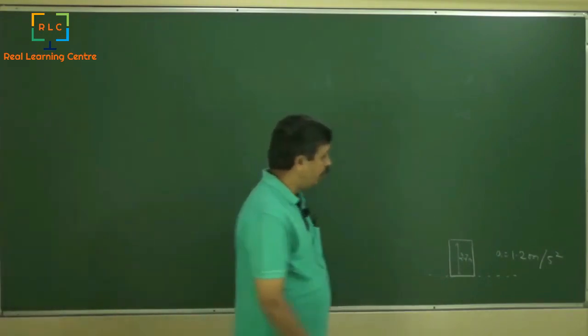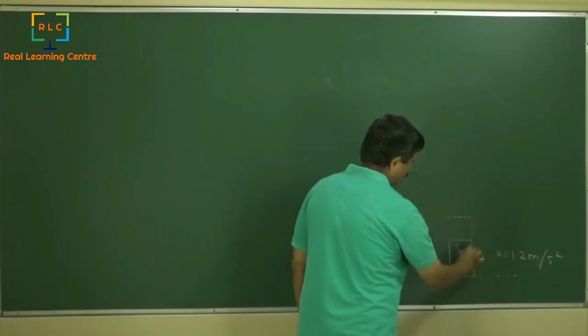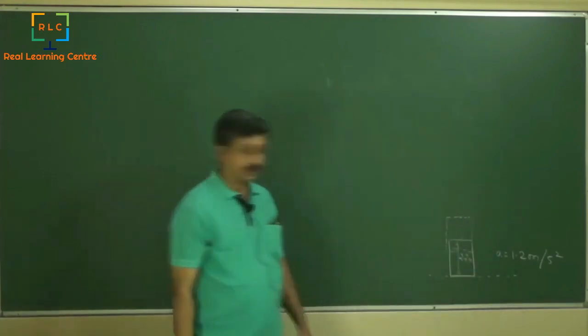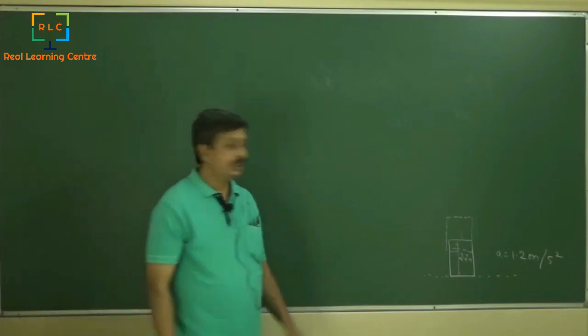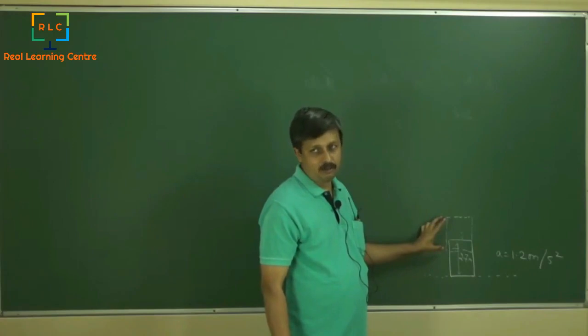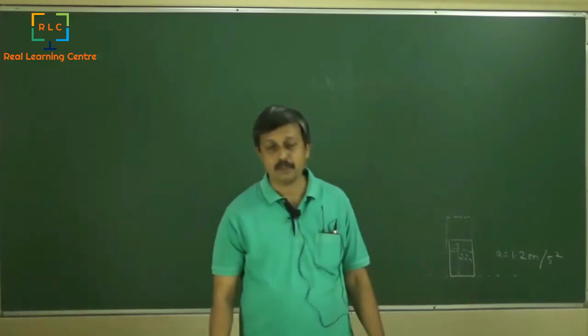So at that time, assume that it is somewhere here. Where it is, we can easily find out with a normal formula. That is not a problem.